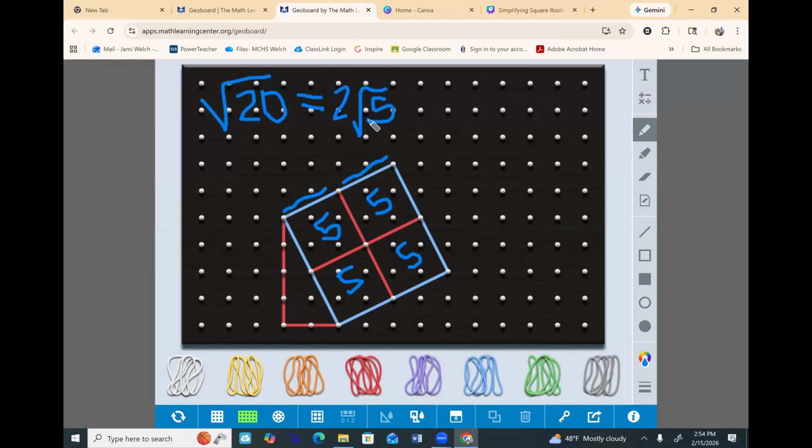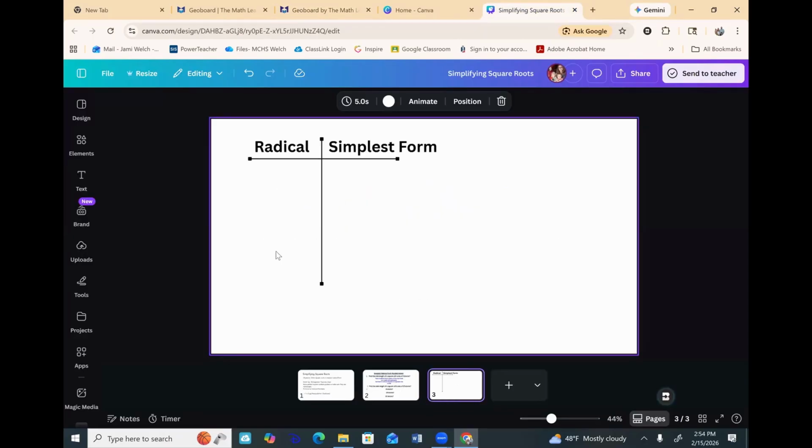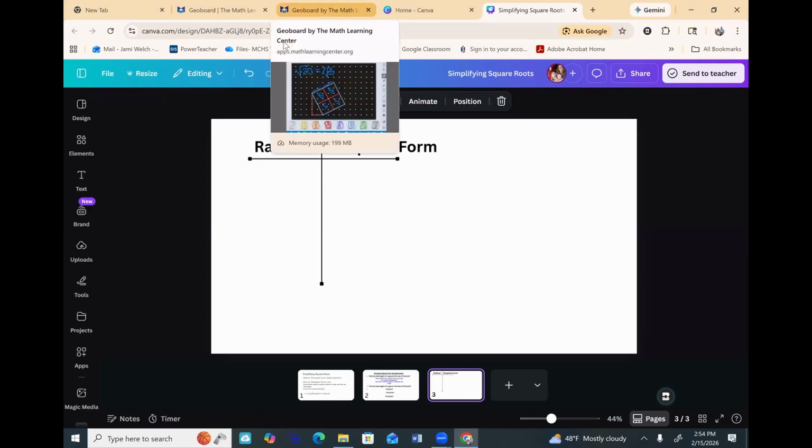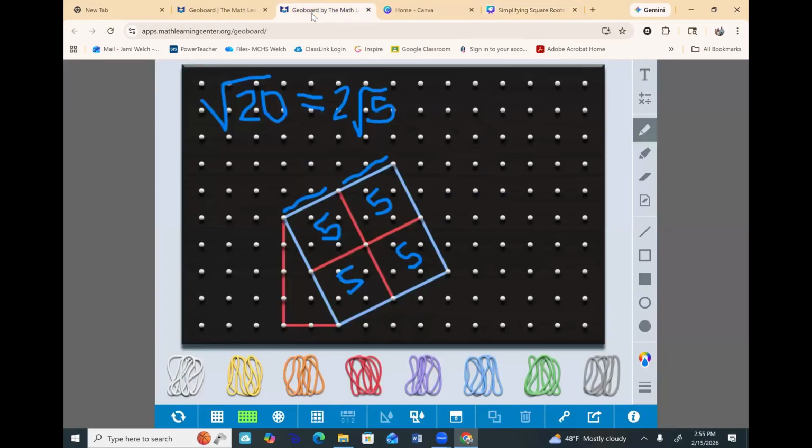And then having kids put that in that table, I think that's going to be a big deal, is this visual table for them. Hopefully they'll be able to see where the 2 is coming from. You're building this conceptual understanding, but the students are going to take that and hopefully build some procedural fluency based off of that understanding.